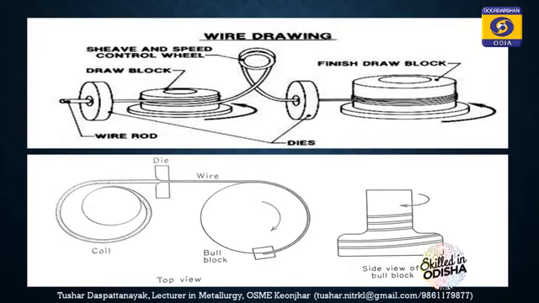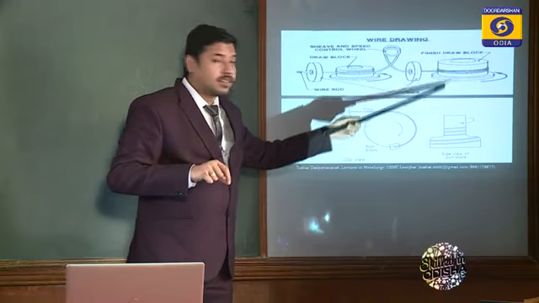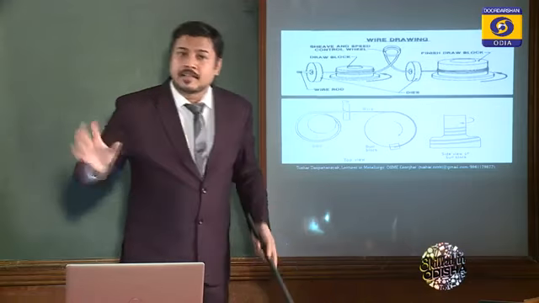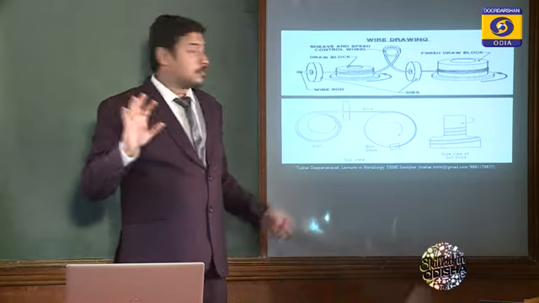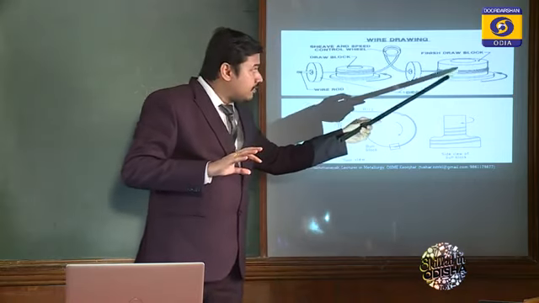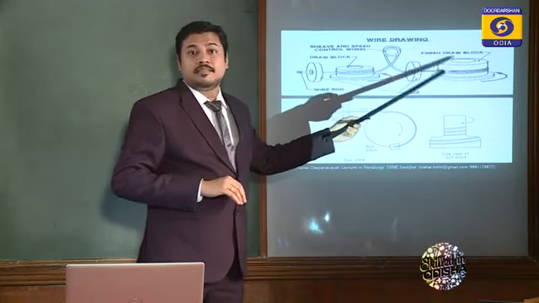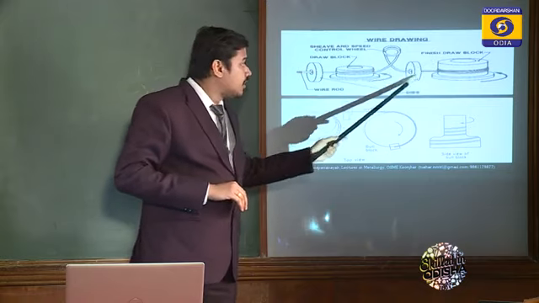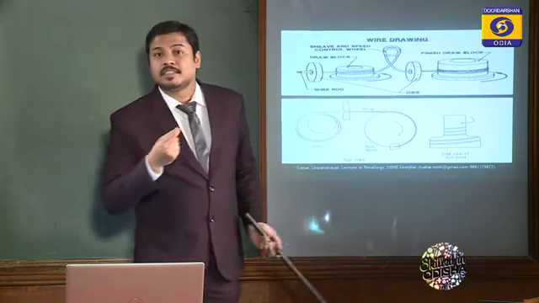Otherwise it will get slipped out of this draw block and wire drawing won't happen, coiling won't happen. So the speed of rotation must be synced with the wire coming out of this die.